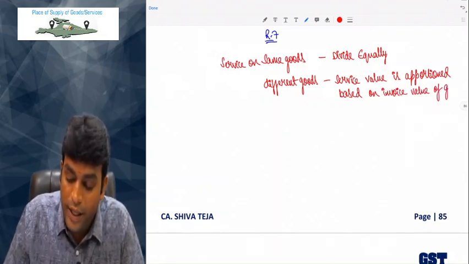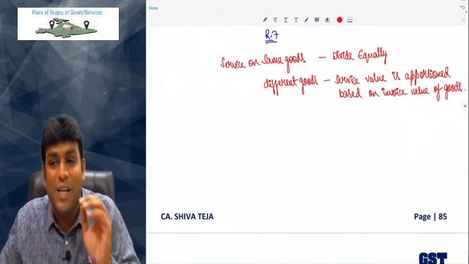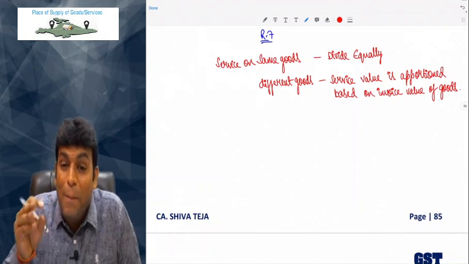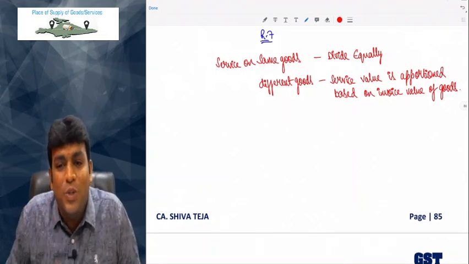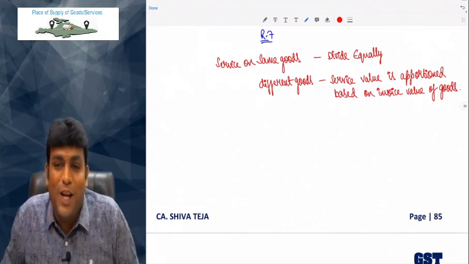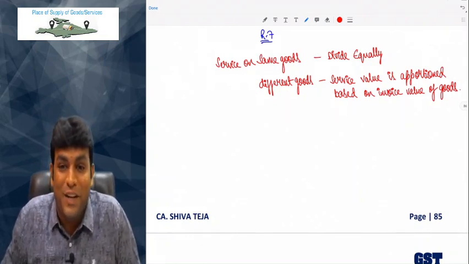Come on, my dear friends, what did I write, sir? Service value is apportioned. What value is apportioned? Service value is apportioned based on invoice value of the goods. So we are apportioning the service value based on the invoice value of the goods. What a brilliant point, my dear friends.